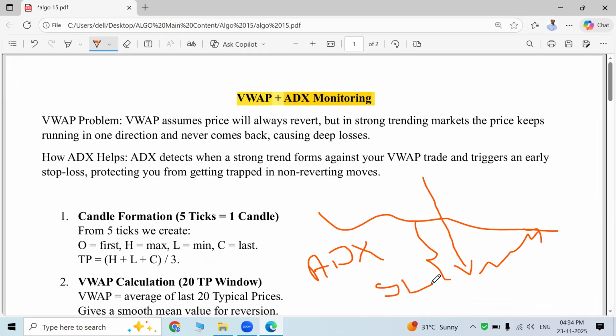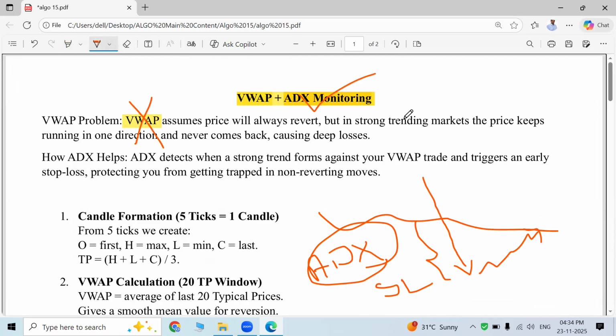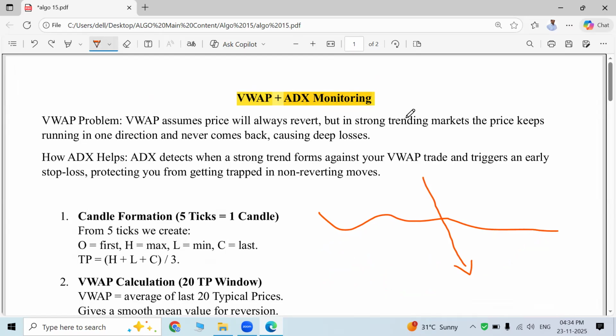We will put a stop loss using ADX. So it will say to the VWAP, okay, the position which you have taken is not correct. So that's why the ADX will be helpful to save our capital. That is the main use of ADX in our case. I hope the problem is clear.